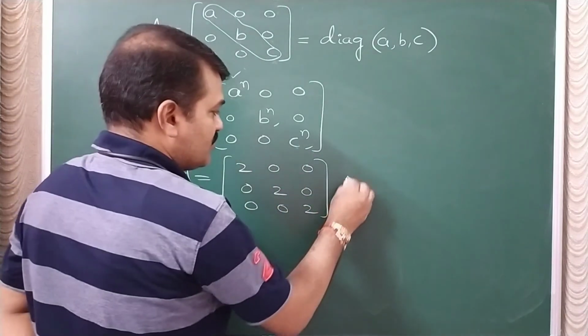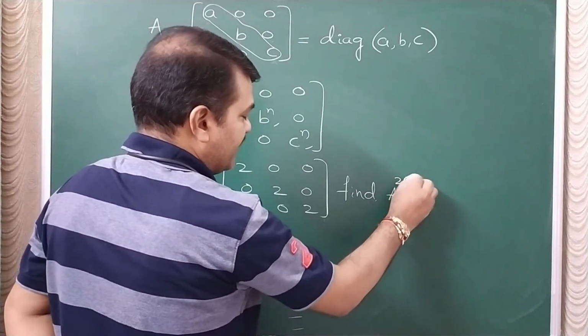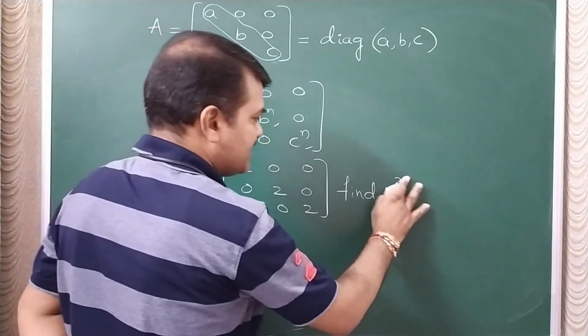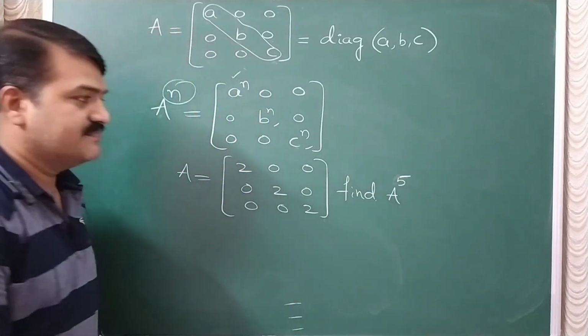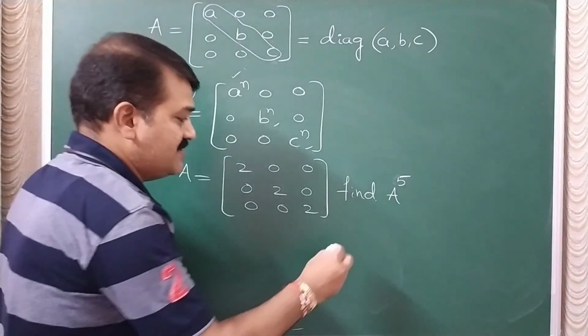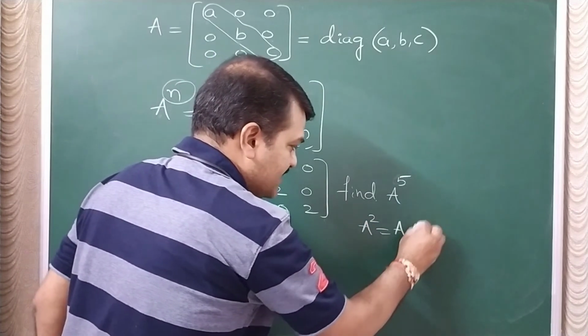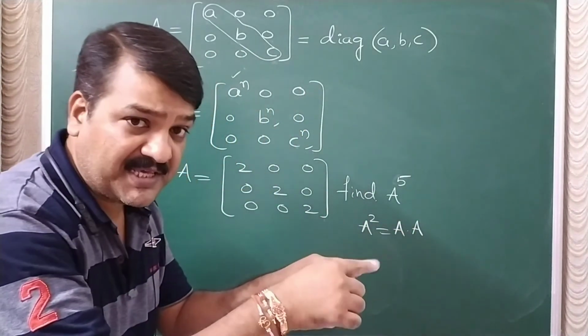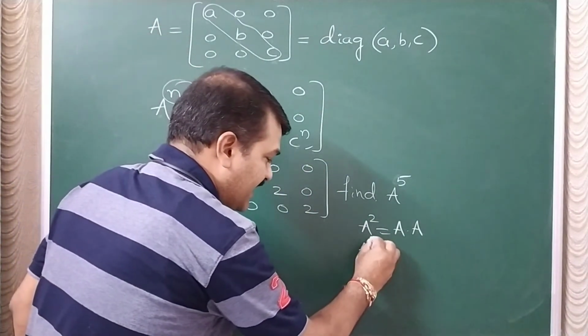For example, this is a question. They are asking you to find A power 20, or let me take a simple value. I'll take A power 5, for example. So normally A power 5 means you have to take A square first. You have to multiply A into A, then you will get A square. Next you find A cube.